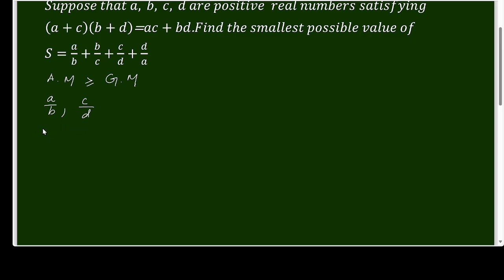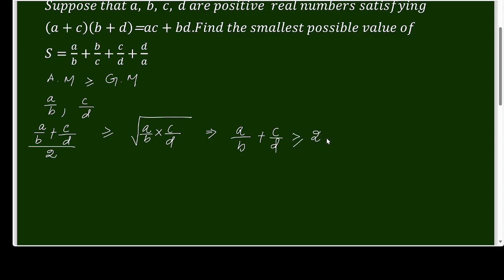A over B plus C over D is greater than or equal to the square root of A over B into C over D, divided by 2 on the arithmetic mean side. So this implies that A over B plus C over D is greater than or equal to twice the square root of AC over BD.